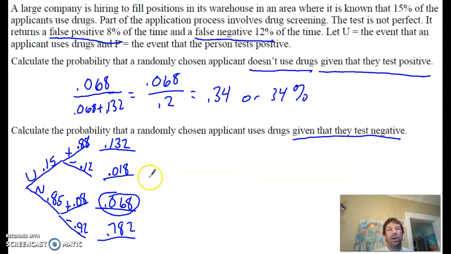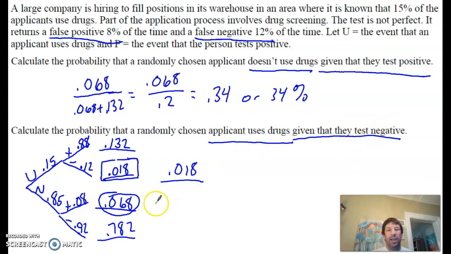Okay, so now find the probability that a randomly chosen applicant uses drugs. So that would be these people up here. So 0.018. We have to divide that by the total of negative tests. So 0.018 plus 0.782.